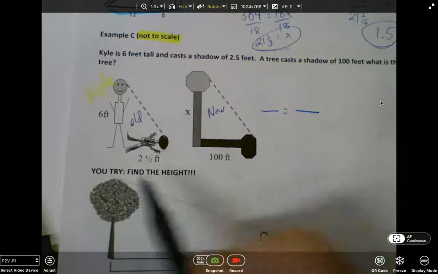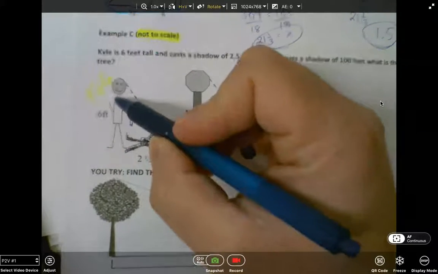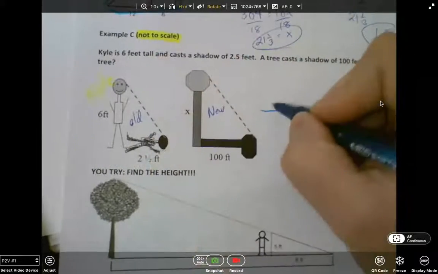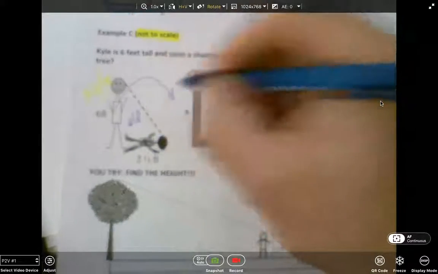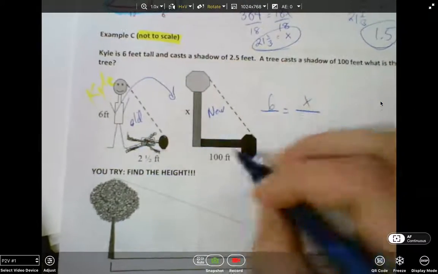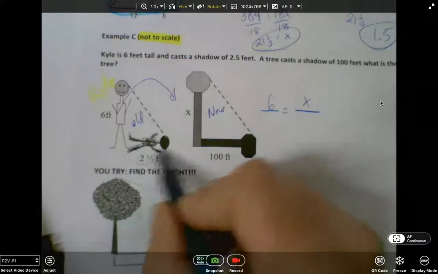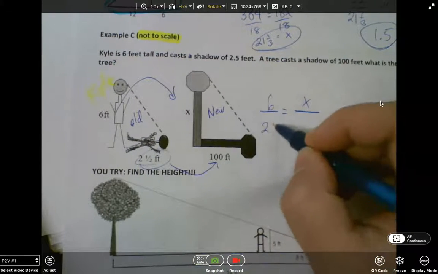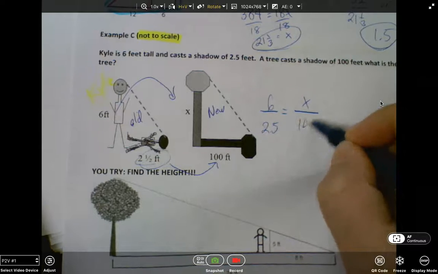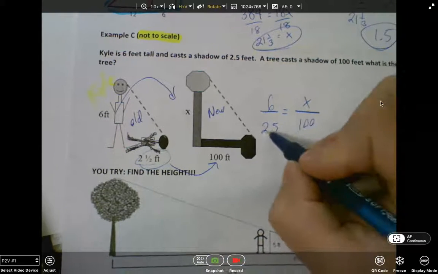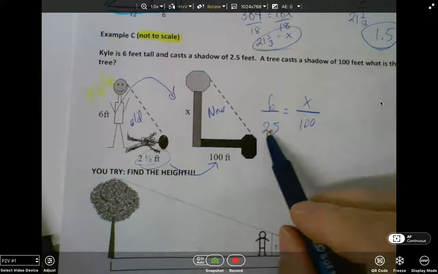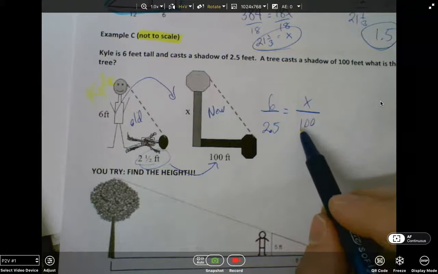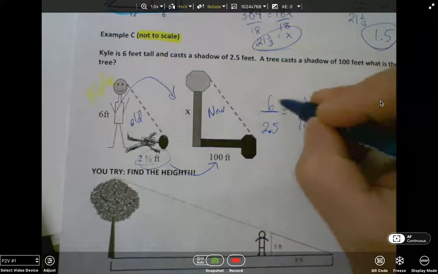So as you can see here, the height of Kyle is 6, and that goes to the height of the tree, which is x, so those correspond. And then his shadow is 2.5, and that corresponds to the 100, so I'll do 2.5 corresponds to the 100. Now, you might know what 2.5 times something is to be 100, but let's say you don't.